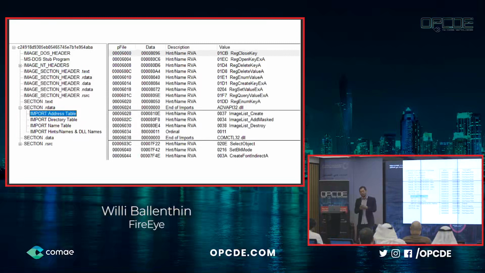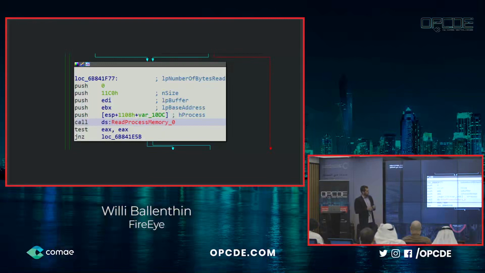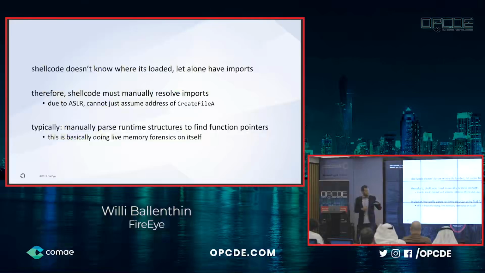And yet shellcode still needs to interact with the system to do its job. Drop an additional file or maybe receive a command from a C2 server. So it has to do all of this work manually. It has to bring along its own implementation of what the Windows loader is doing. In practice, this commonly looks like doing memory forensics on itself.